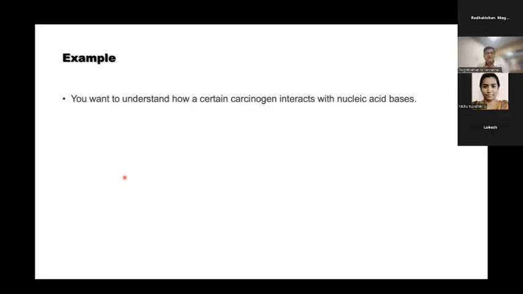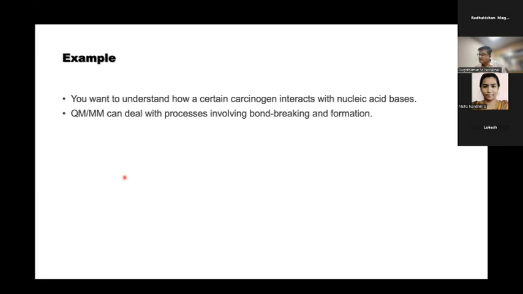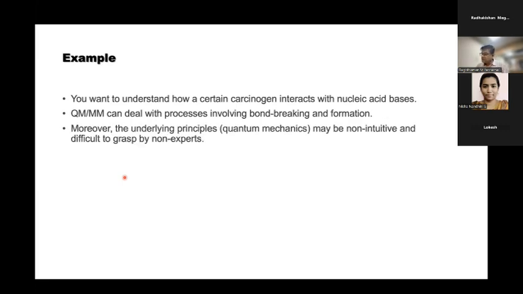So the base will be lost. So that's a mutation. You can use it to study, as I said the third time, bond breaking and formation. And you can also study many quantum level principles which are difficult for non-experts to grasp in a quantum mechanics simulation.